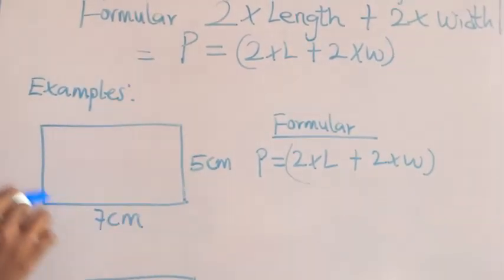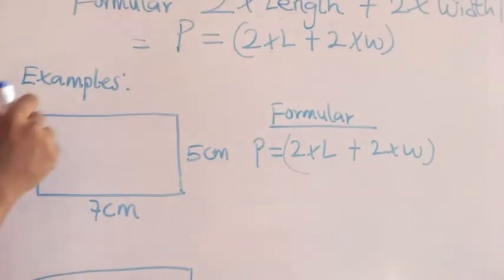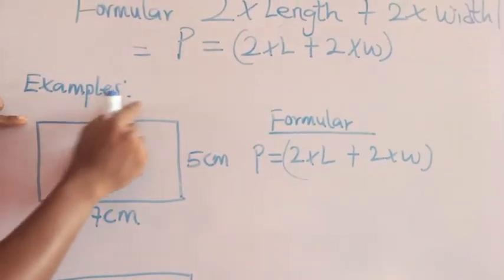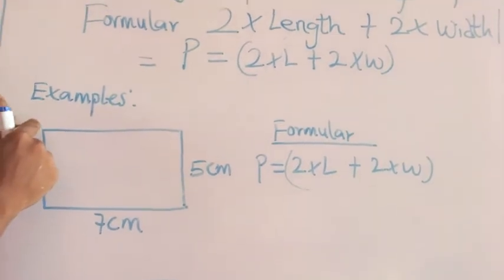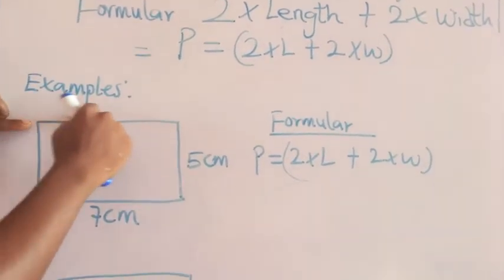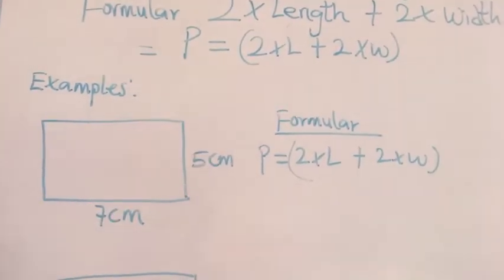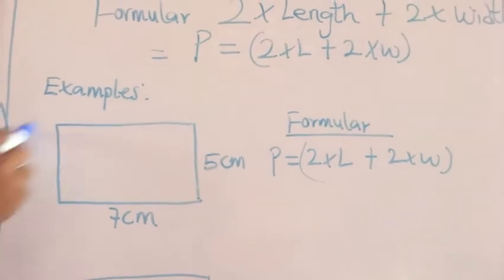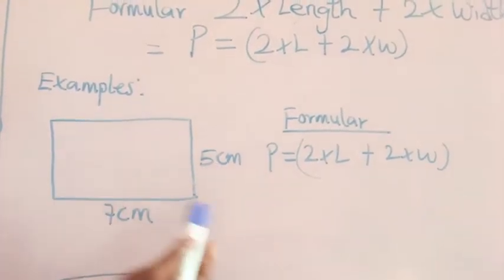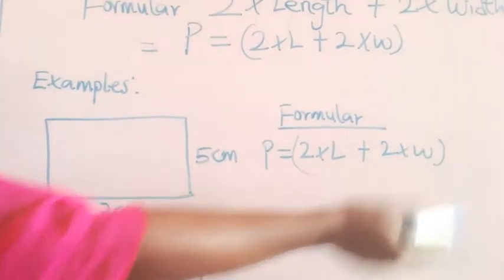If they ask you to measure the total distance, you use your tape rule and measure the whole distance around this shape. That is what is called perimeter. And the formula says, looking for the perimeter of a rectangle, P is equal to 2 times length plus 2 times width.